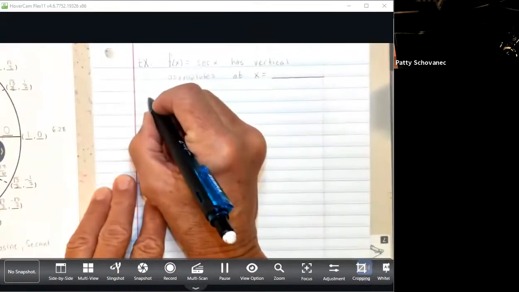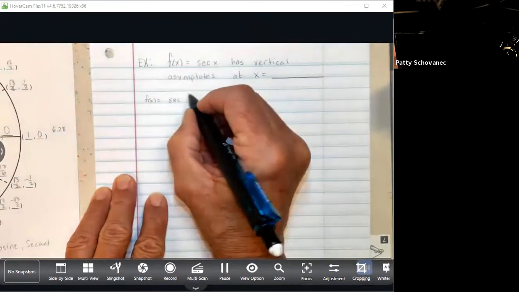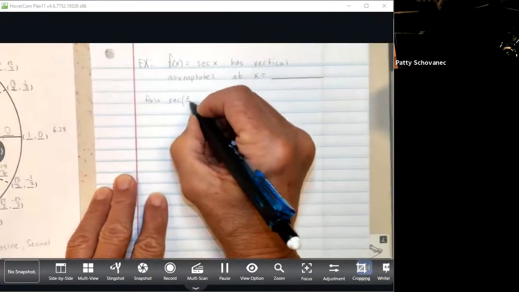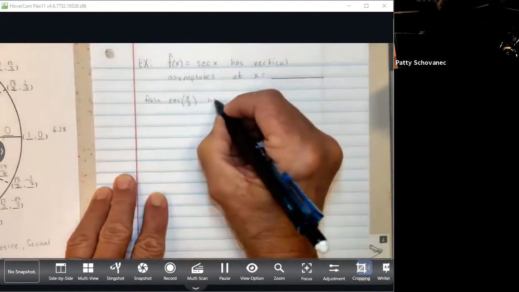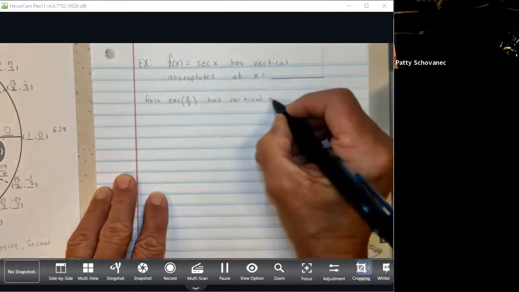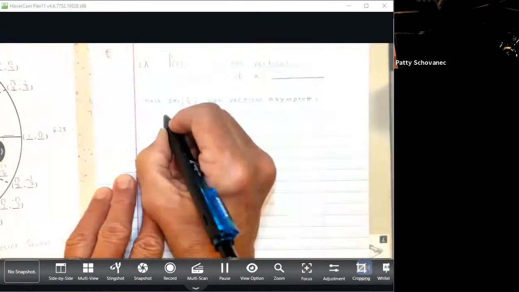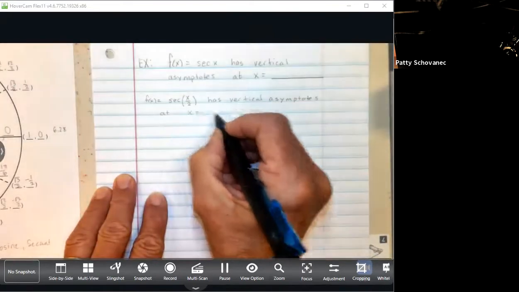And so f of x, say, is equal to the secant of maybe x over 2 has vertical asymptotes at x is equal to what?